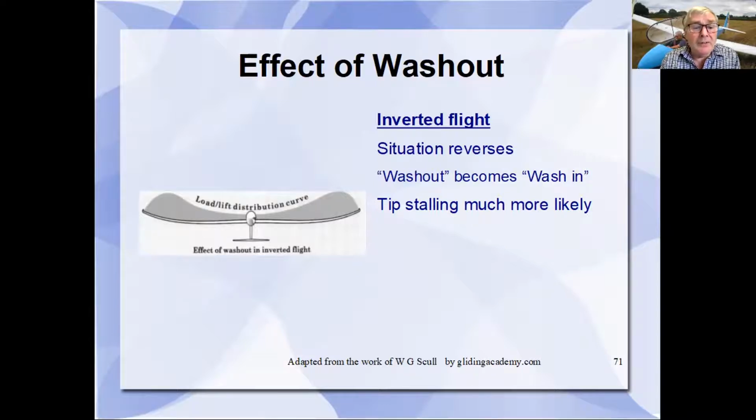Therefore from inverted flight, from time to time you'll hear of pilots who lose control and they effectively flick into a spin, which obviously can be quite dangerous in the wrong circumstances.